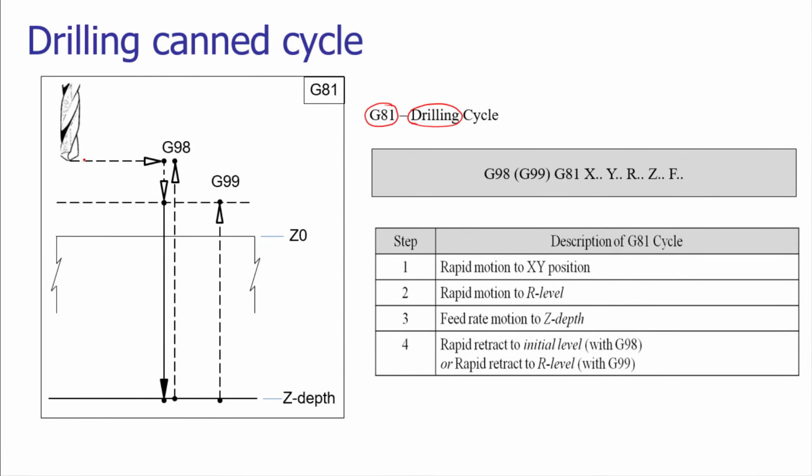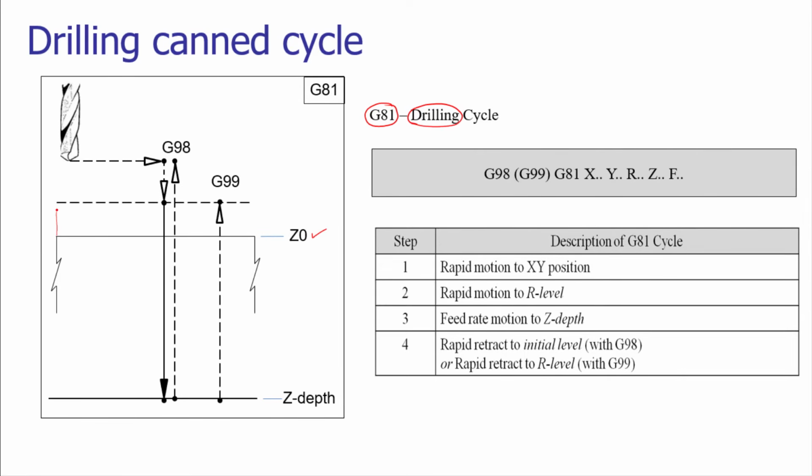The tool is approaching the destination in a safe plane, a plane which is at a considerable distance from the top portion. This is the top portion. It is Z equal to 0.